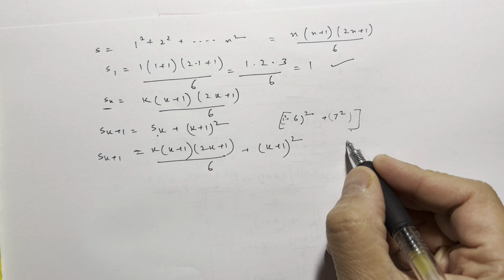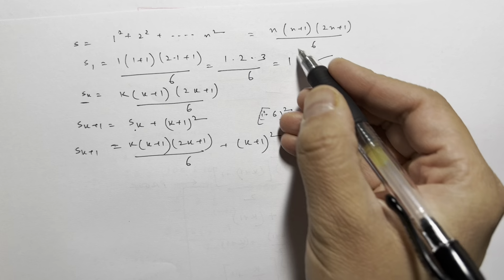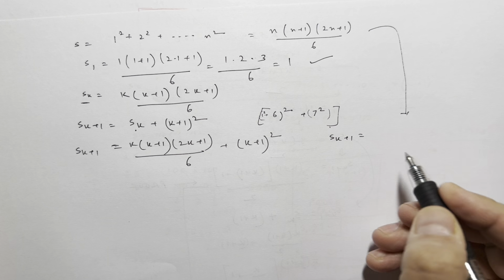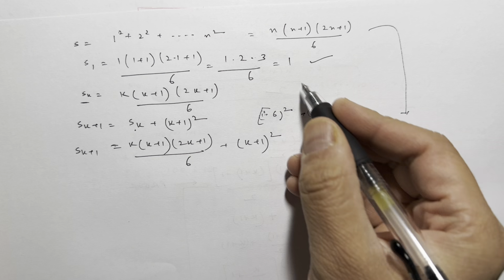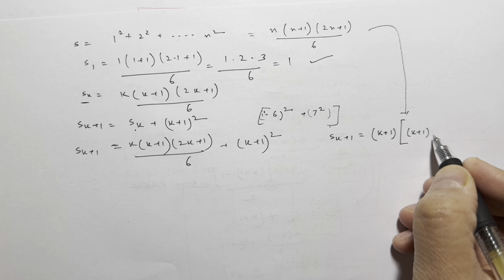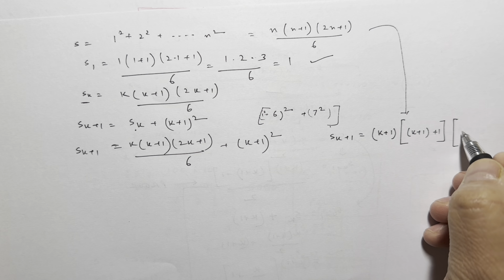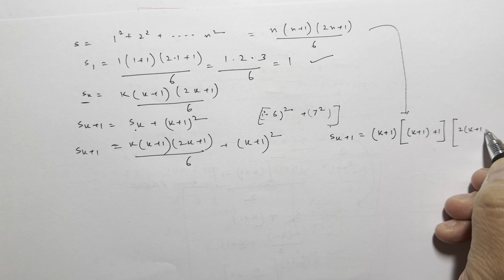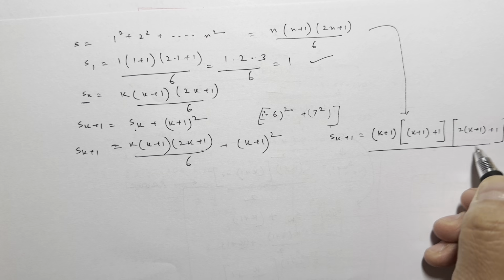If Sk+1 was true, we would actually get the equation as, we'll substitute k+1 for n. So we'll get k+1, then we'll have k+1 plus 1 as the second term. Then we'll have 2(k+1) plus 1, over 6.